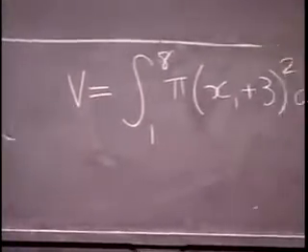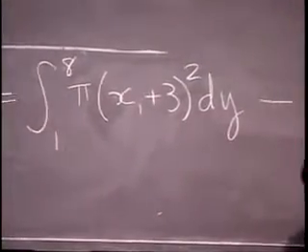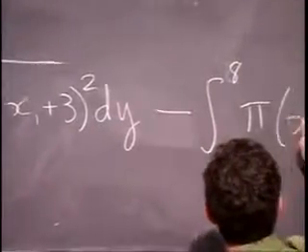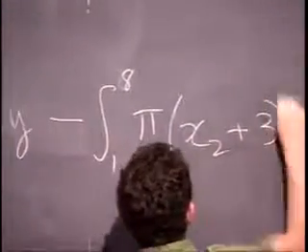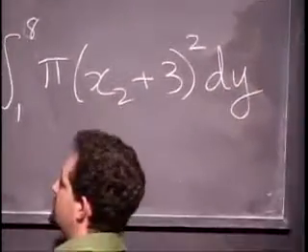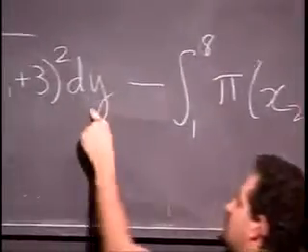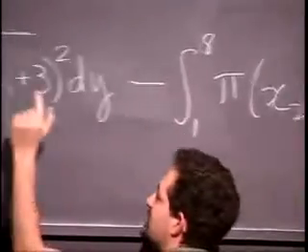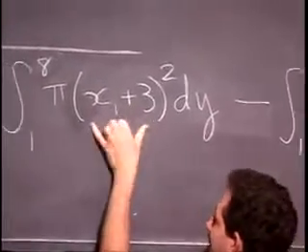And then we have to subtract the second curve: x2 plus 3 all squared dy. So it's variation 1, pi x squared dy. Variation 3 says replace x by x plus 3.